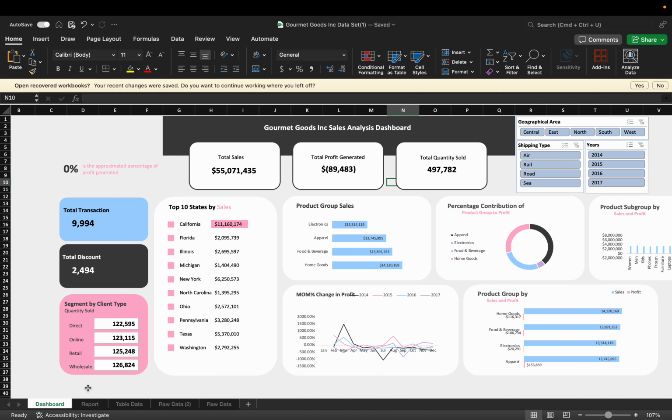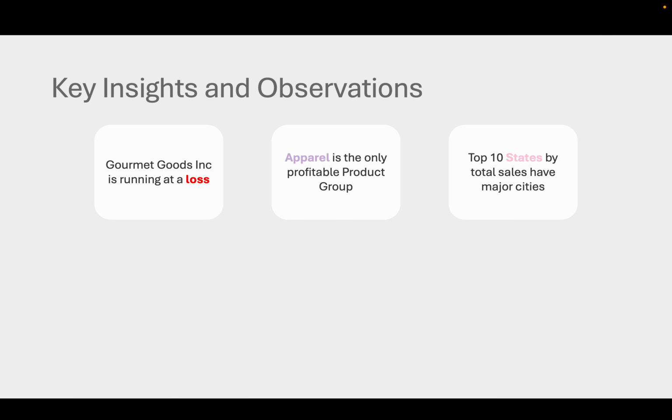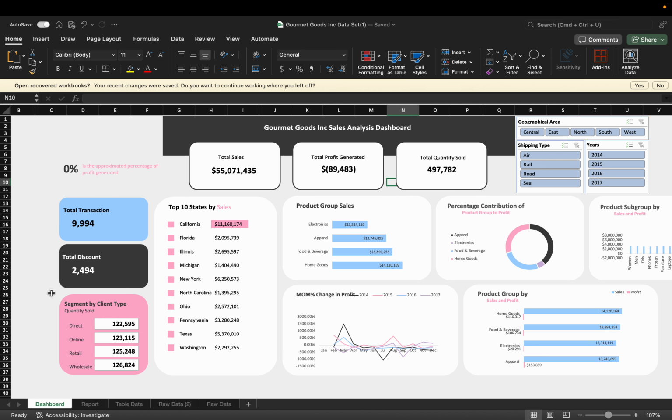Now finally, I will talk on the key insights and observations that I see. So first of all, Government Goods Incorporated is running at a loss. This is shown through the total profits seen here.